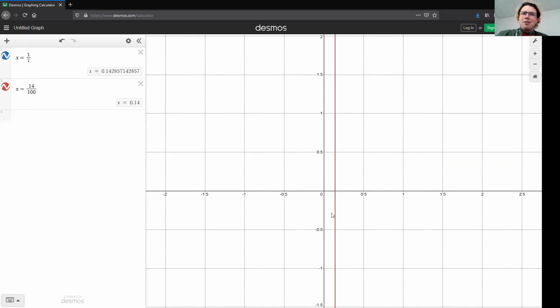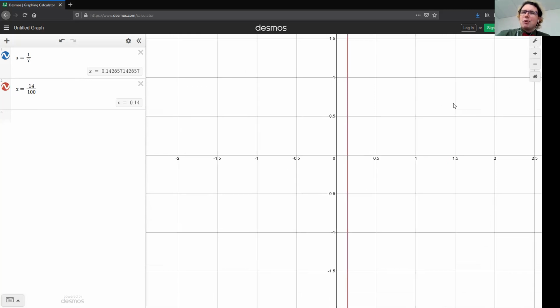So here I can tell that 1/7 is a number between 0 and 0.5. Can I actually tell it apart from 0.14? Well, I can maybe see that red line a little bit to the left there, but it's still really hard to make out.